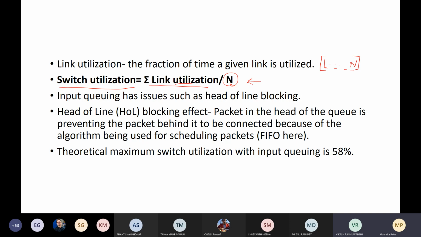Whatever field you go into later in your careers, whether a company, academia or research, if you are working in networks, these points will always be helpful, because you have to first check mathematically that it looks correct. Only after that can you go into the test bed and see whether it works fine or not.